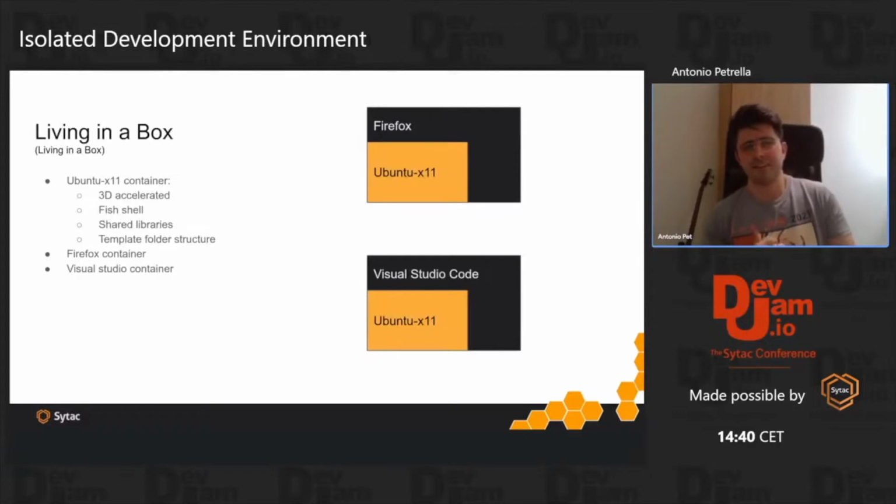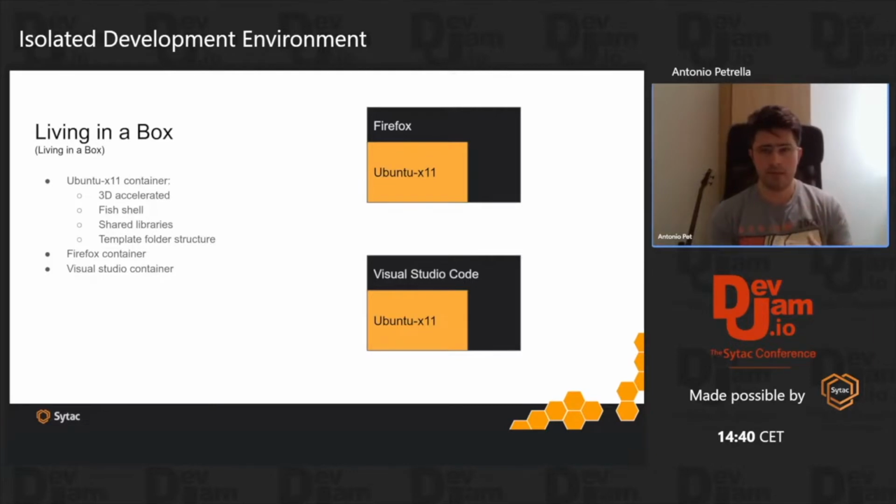So let's start with the very practical, and let's lay some foundations for this whole project. All the containers that I will build are based on an Ubuntu X11 container, at least all the containers that require a graphical user interface. The reason is that this way we can share libraries.